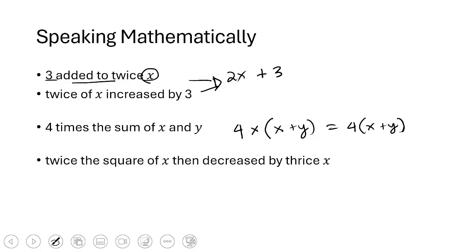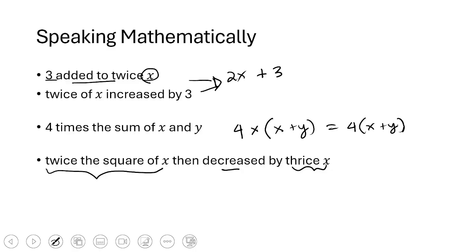Now let's look at the next phrase. We have twice the square of x, then decreased by thrice x. We have decrease here, so that would imply that there is subtraction. So what are we subtracting? We are subtracting thrice x from twice the square of x. So the first one, we have this, the minus part, and then we have thrice x.